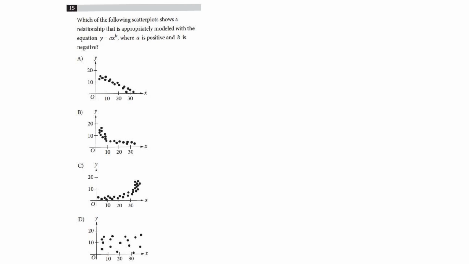Which of the following scatter plots shows a relationship that is appropriately modeled with the equation y equals a x to the b, where a is positive and b is negative? If a is positive and b is negative, a negative exponent means it's going to be a over x to the b.